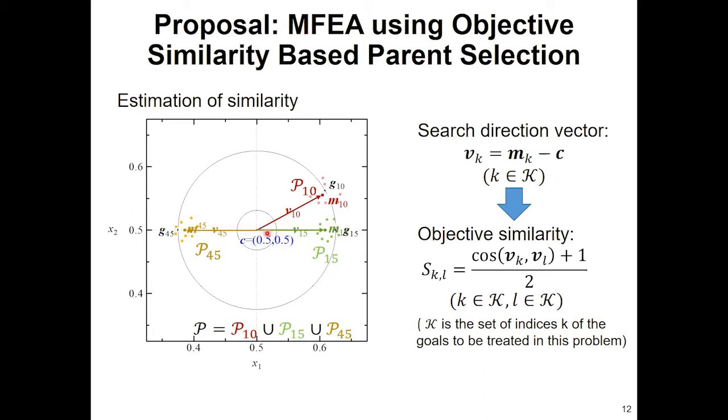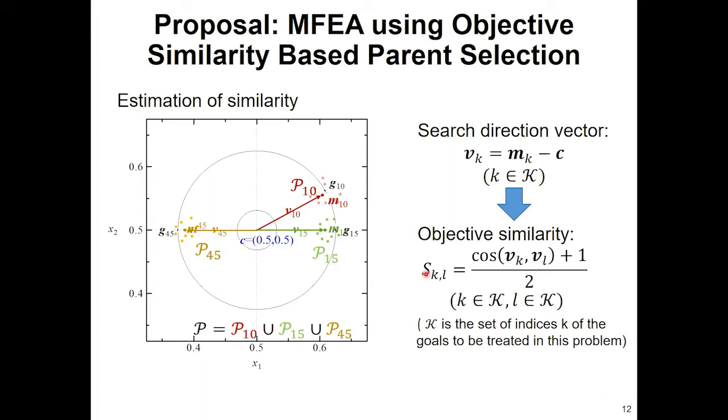If the center of the coordinates is C, and the average coordinates of the solutions in the sub-solution population Pk is Mk, the search direction vector Vk is represented by this equation, where the big K is the set of indices k of the goals to be treated in this problem. Vk is created in the same number as goals, i.e. the same number as objective functions.